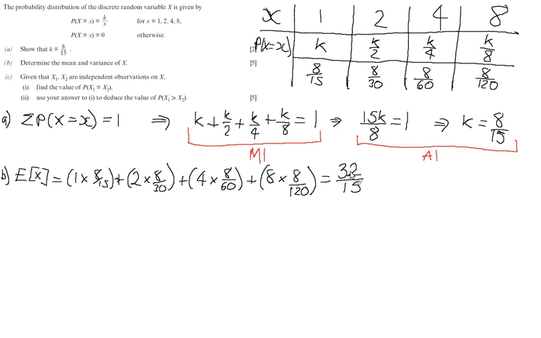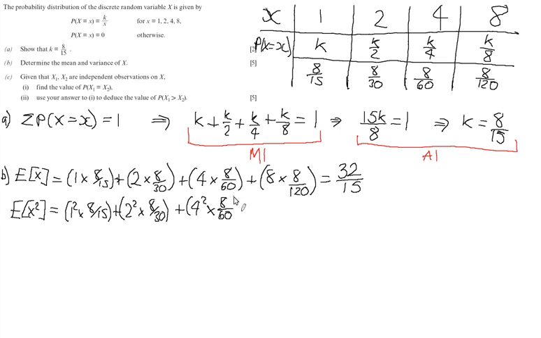Leave it as a fraction because the exact value is preferable. Now, for the variance, I need to know the expectation of X squared. So, expectation of X squared, simply going to do 1 squared times 8 over 15 plus 2 squared times 8 over 30, so it's very similar to the expectation of X, just we're going to square those x values each time before multiplying by our probabilities, plus 4 squared times 8 over 60.